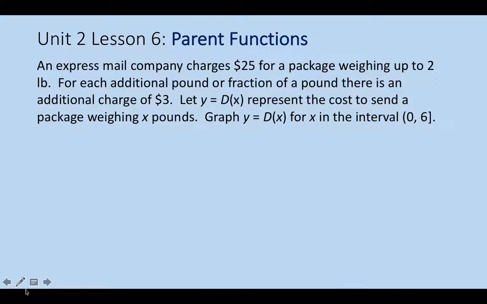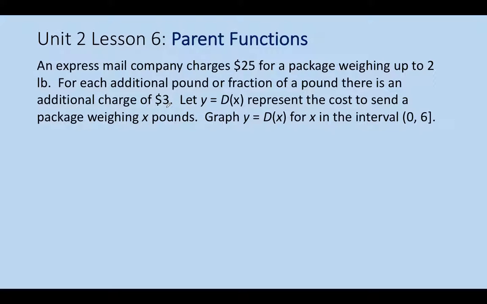We've got kind of a problem-solving type question. So let's go ahead and read through it, looking for critical pieces of information. An express mail company charges $25 for a package weighing up to 2 pounds. Okay, and then each additional pound, or fraction of a pound, there is an additional charge of $3.